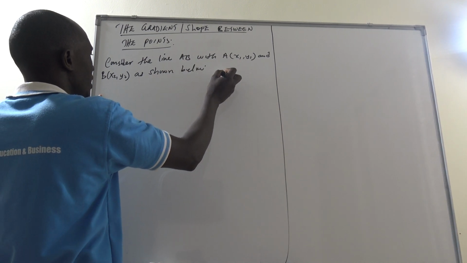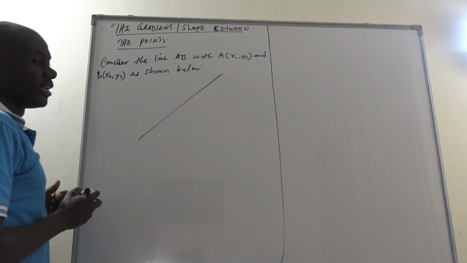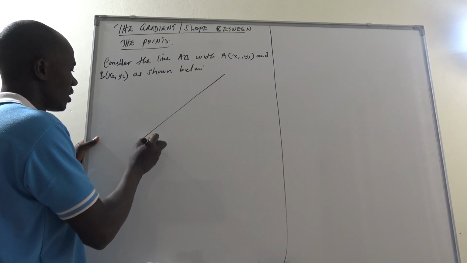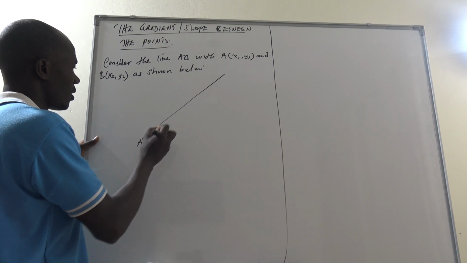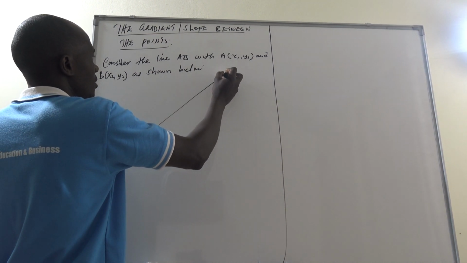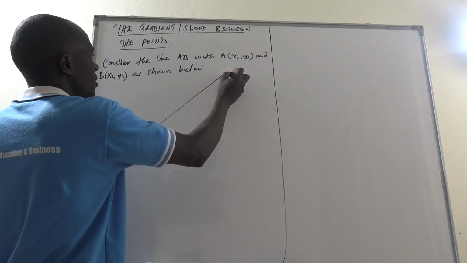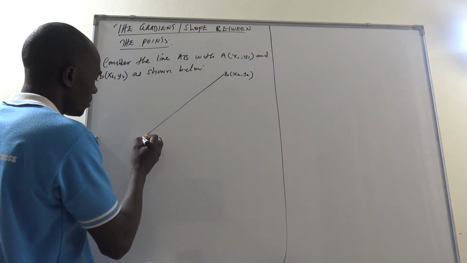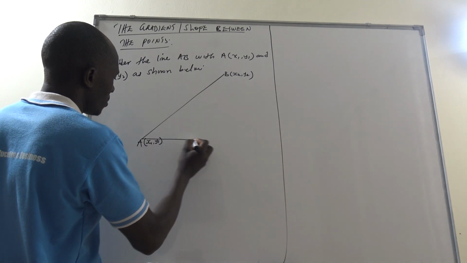So if you have this very straight line, and you have got the coordinate A as x1, y1, this is coordinate B as x2, y2.